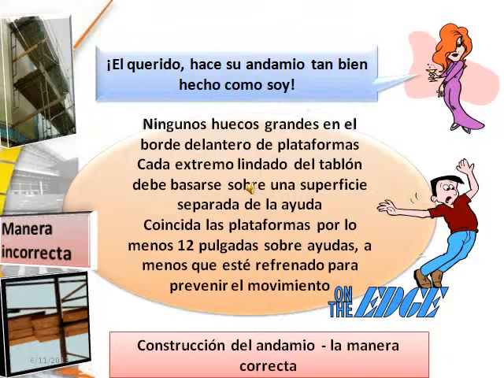Building a scaffold. Remember, no large gaps on the front edge of the platforms. Each butted end of the plank must rest on a separate support surface. Overlap the platforms at least 12 inches over supports, unless they are restrained to prevent movement.